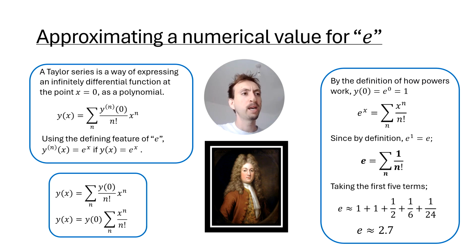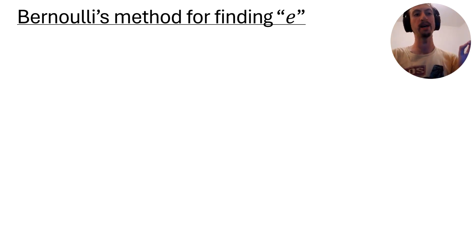We're now going to have a look at another way of approximating e, where we're going to be introduced to the Bernoulli family. A very, very important family within the world of mathematics. We've had a look at using the Taylor series to estimate a value for e.